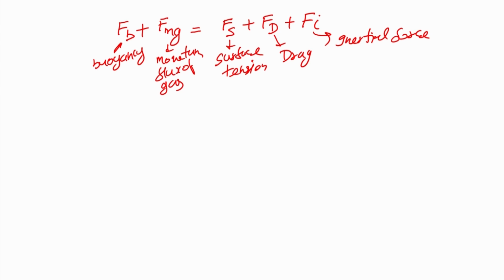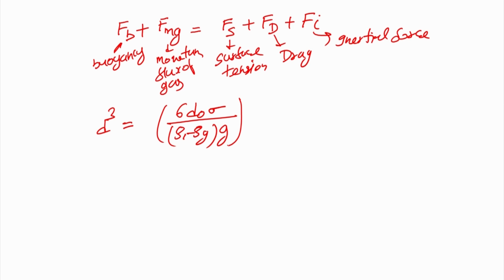Definitely the equation will be more complicated, it will not be that easy. I am going to write the final equation, you can derive it, and if there is any problem please let me know, I can share the solution, but it is just a transformation. You will get d cube equal to 6 d naught sigma upon (rho L minus rho G) into g. This is the first term, which comes from the surface tension force.